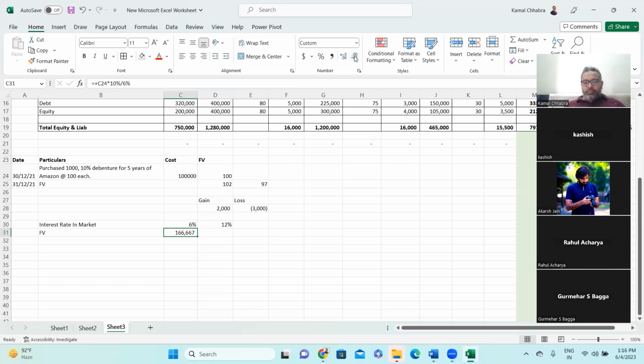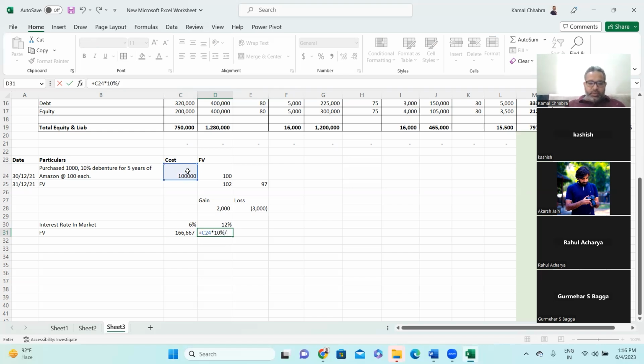Right. And if the market interest rate is 12% and you are giving 10%, then the fair value will be 83,333. Right.